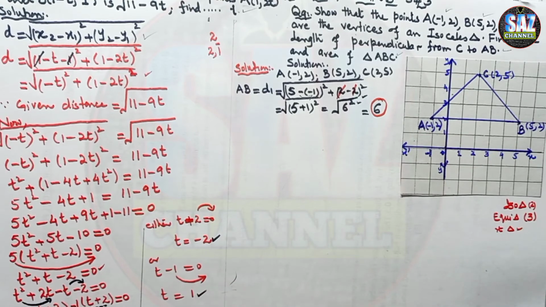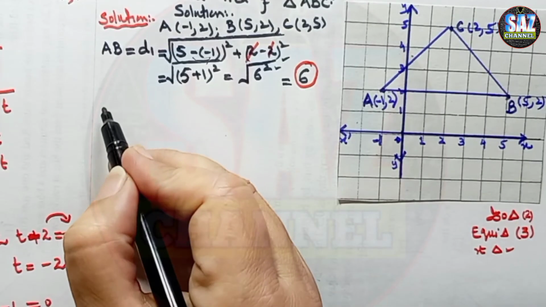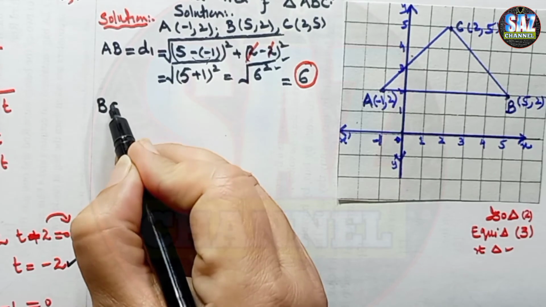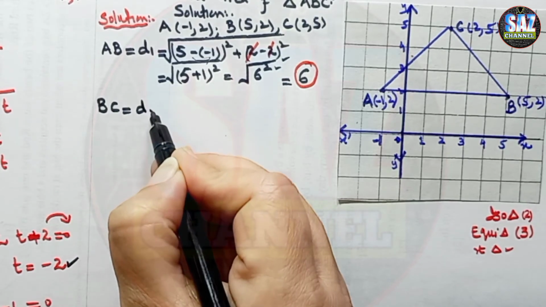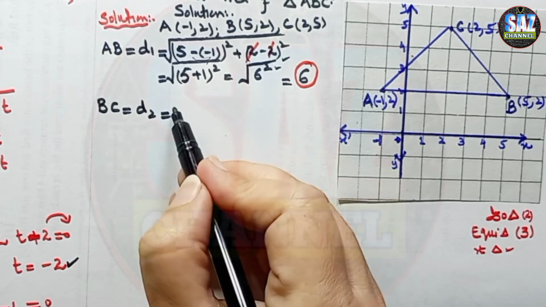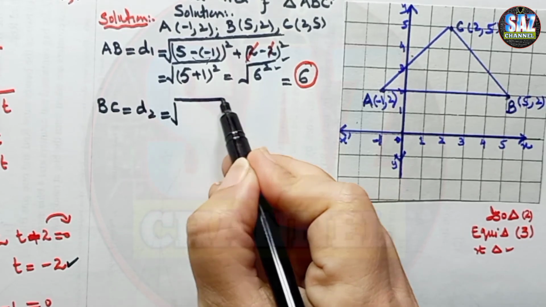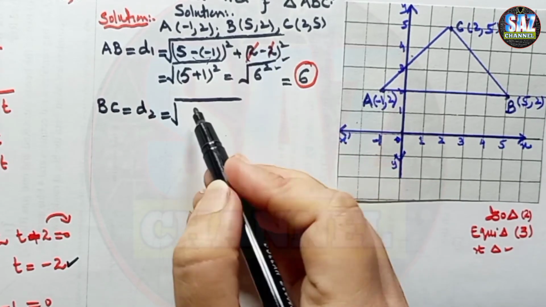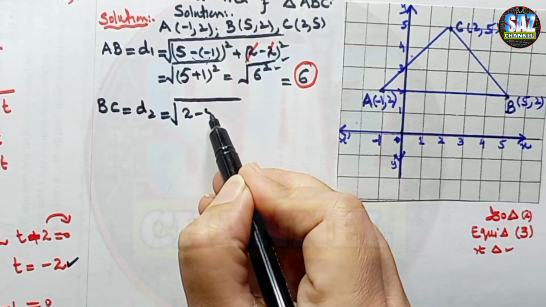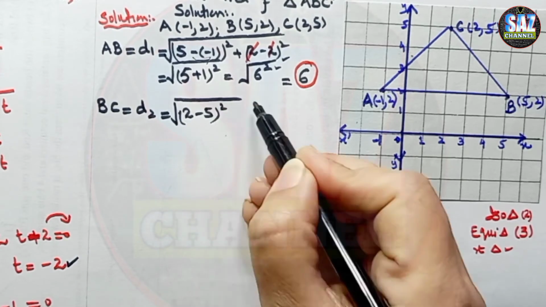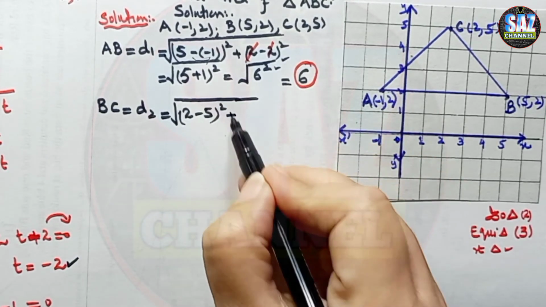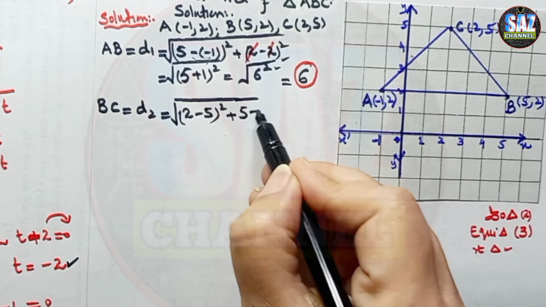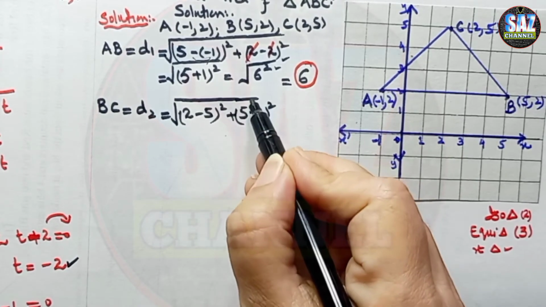And now let's quickly move to the second distance. AB distance we have calculated. Now the BC distance, let's mark it with D2. Now carefully find the distance between B and C. x2 minus x1 whole square, that is 2 minus 5 whole square plus 5 minus 2 whole square.